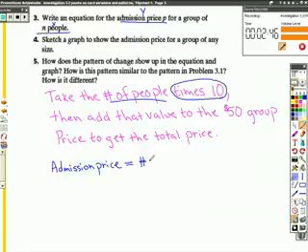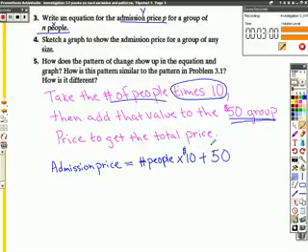So number of people times 10, that's $10, and then plus, what am I starting at? Plus $50. Because no matter what, even if there's one person, if I take the group price, I have to pay $50 plus the $10 for each person that's in that group.